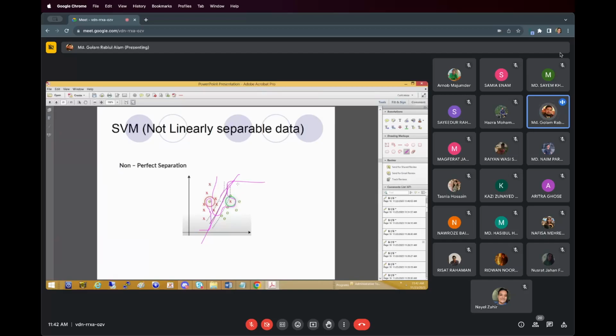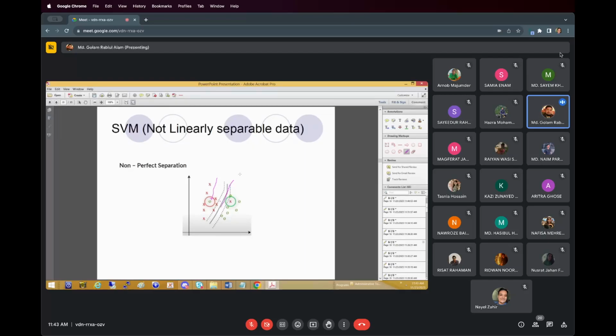In another case, what we can do is allow a few misclassifications for the linear separation. If we allow one misclassification of a cross symbol and one misclassification of a circle symbol, then the solution is easy.